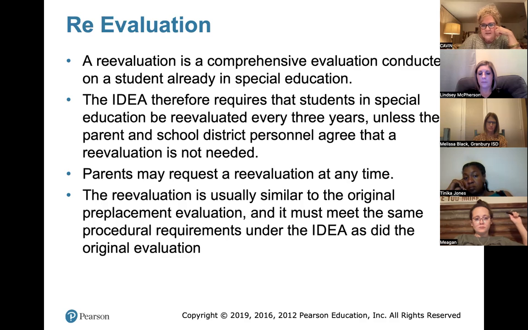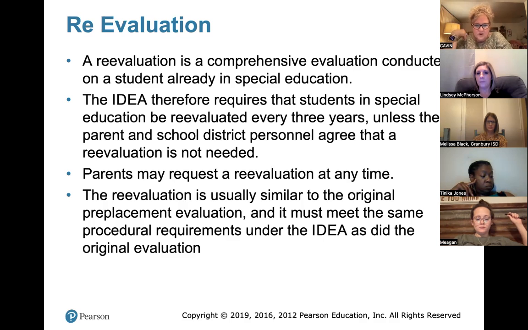And the rule said now do something that's less formal. We don't have to do formal evaluation. We can do informal evaluation, and we can look at the data that we already have and decide if we need formal data or not. And so that's what a REED is. It's a review of the existing data that you already have.